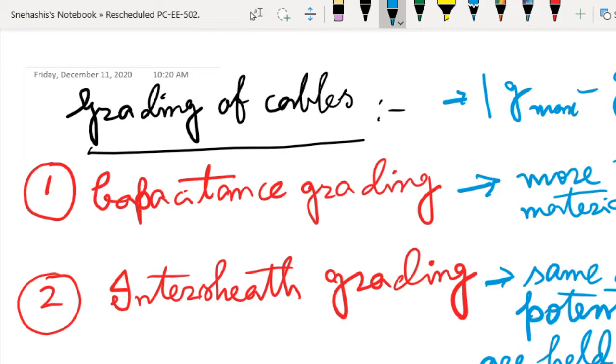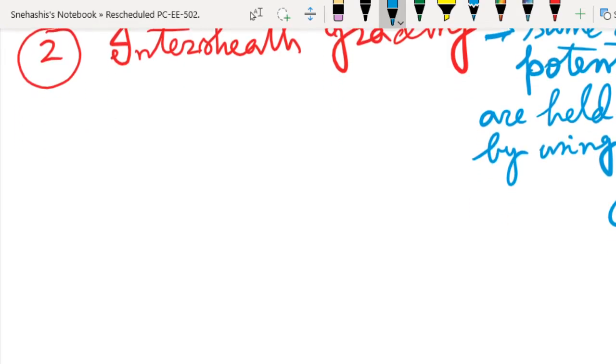What is an intersheath? Thin metal sheets. Okay, so let's discuss them one by one.